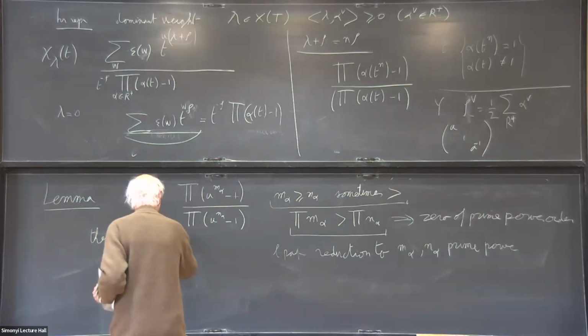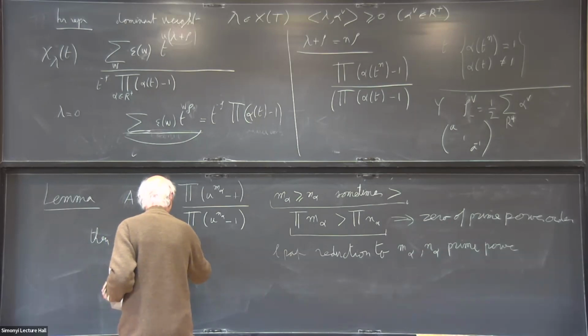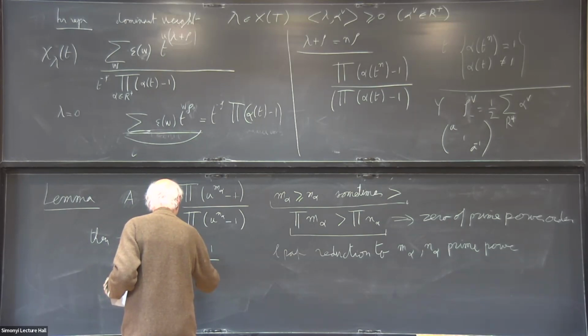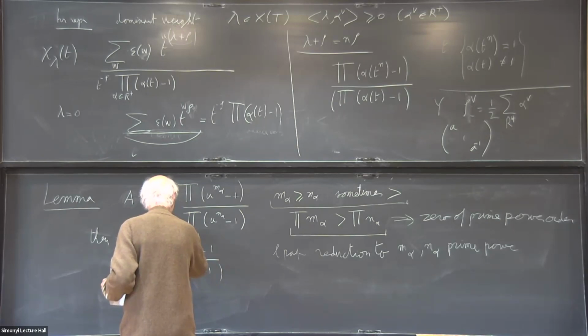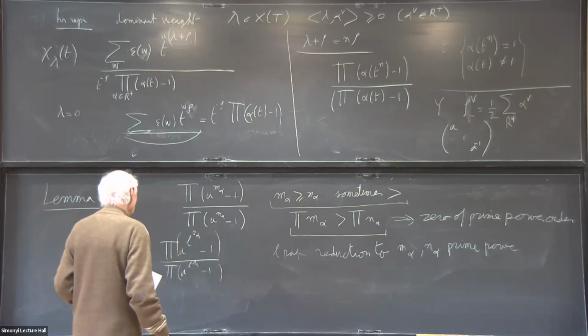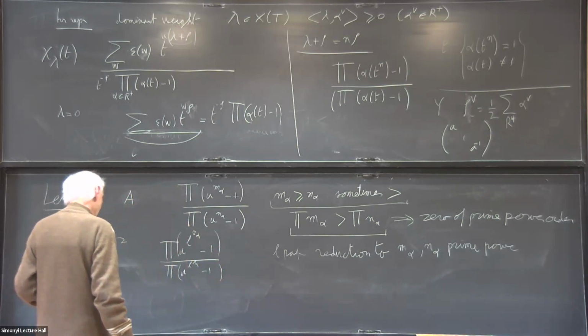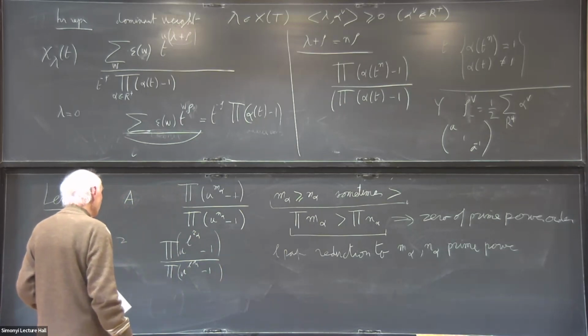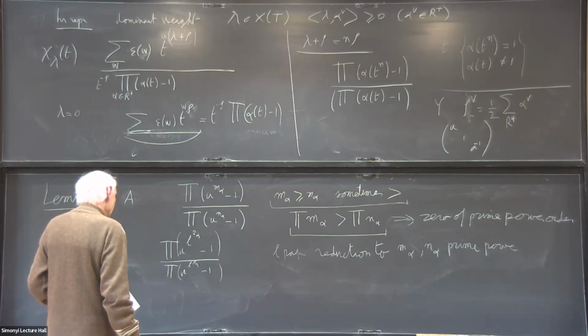So now I have to consider the product of u^{L^{r_alpha}} minus 1 divided by the product of u^{L^{s_alpha}} minus 1, and I have the same question.